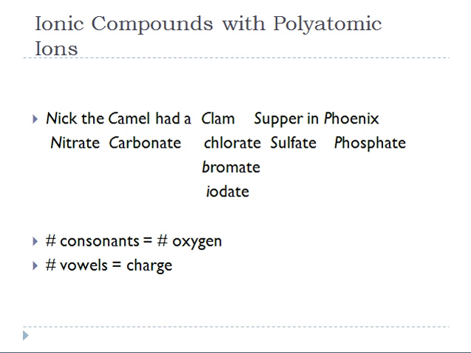Nick the Camel had a clam supper in Phoenix. Now, I'm not going to take credit for this. I sure as heck didn't make this one up. But what this does is it tells you the polyatomic ions that end with ate. Okay? And the way it does that is by the number of consonants and vowels in the word.